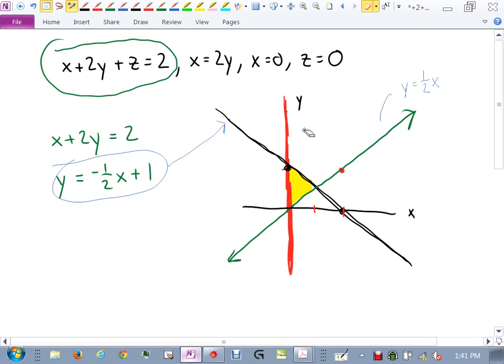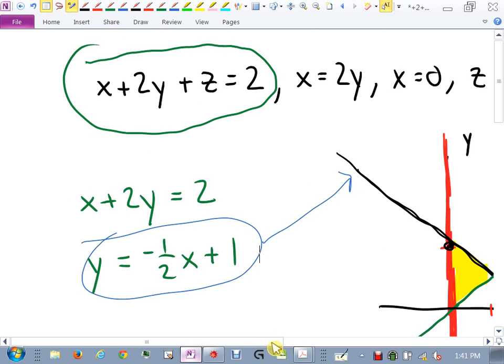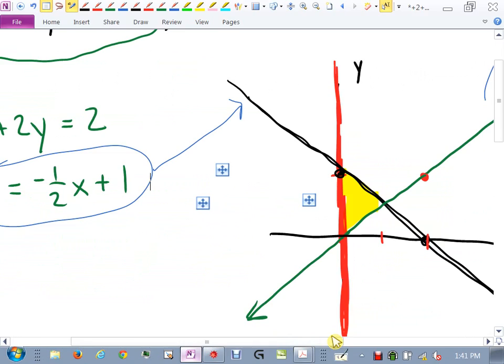Is that a type 1 or a type 2 region? It's actually both, but one is better than the other here. Let's go with type 2 first, because that one's a little more complicated. If it's type 2, would you agree that the y values are stuck between two constants?